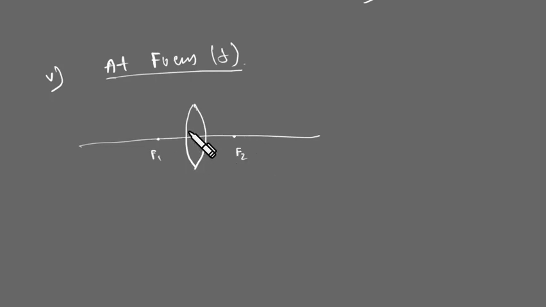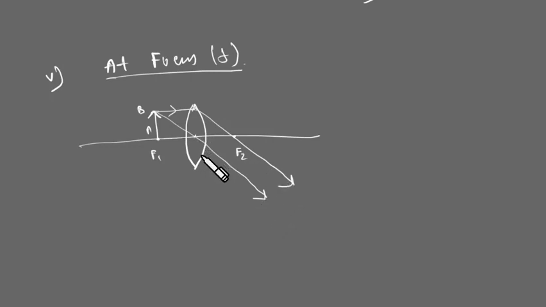Let's keep the object on the focus, A, B. What will happen to the ray coming from this object now? Optical center, of course, we will draw the paraxial beam, and then this paraxial beam, after getting refracted, will go through the focus. Another ray we will draw straight through the optical center of the lens.